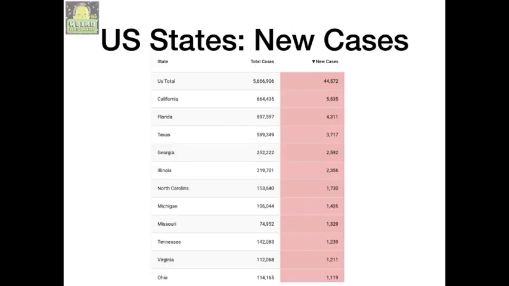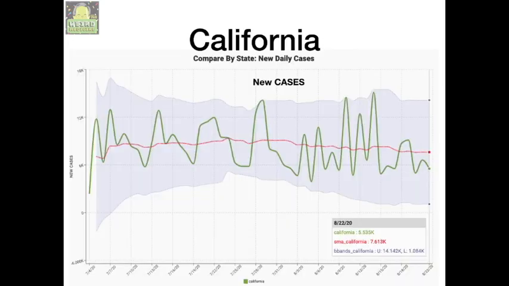As far as new cases, the states with the highest number of new cases are California, Florida, Texas, Georgia, Illinois, North Carolina, Michigan, and Missouri. Tennessee is in there, and Virginia and Ohio as well. California today had 5,535 new cases.